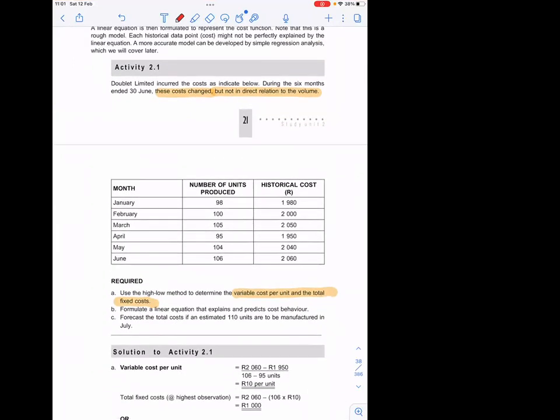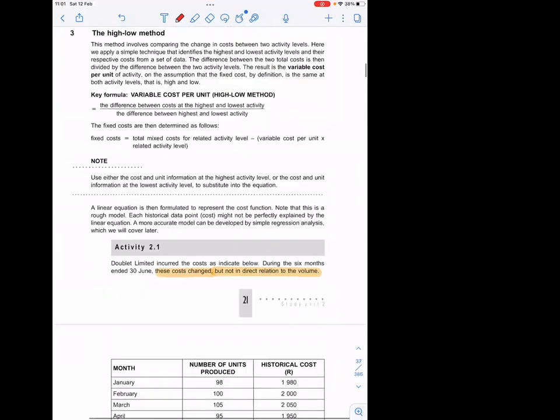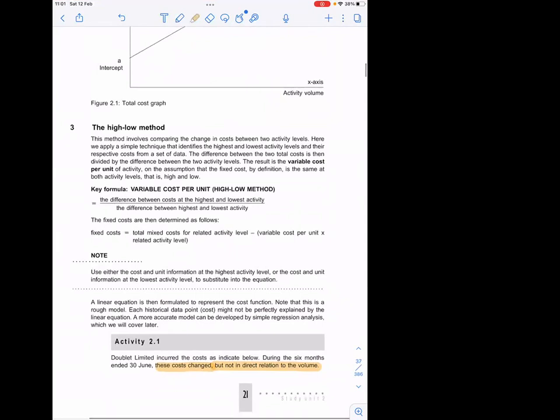So we have been told to use the high-low method to calculate the variable cost per unit, number one, and the total fixed cost. So here is your formula for variable cost per unit, right? It is the difference between the cost at the highest and the lowest level of output divided by the difference between the highest and the lowest activity.